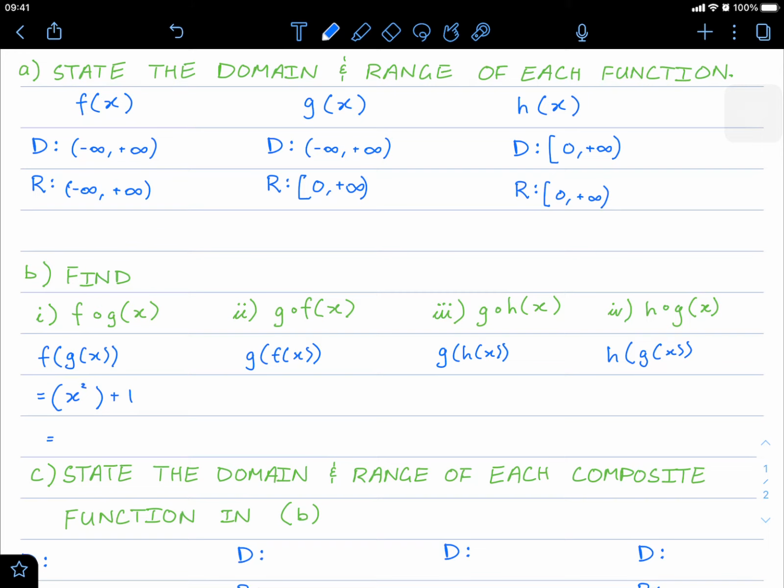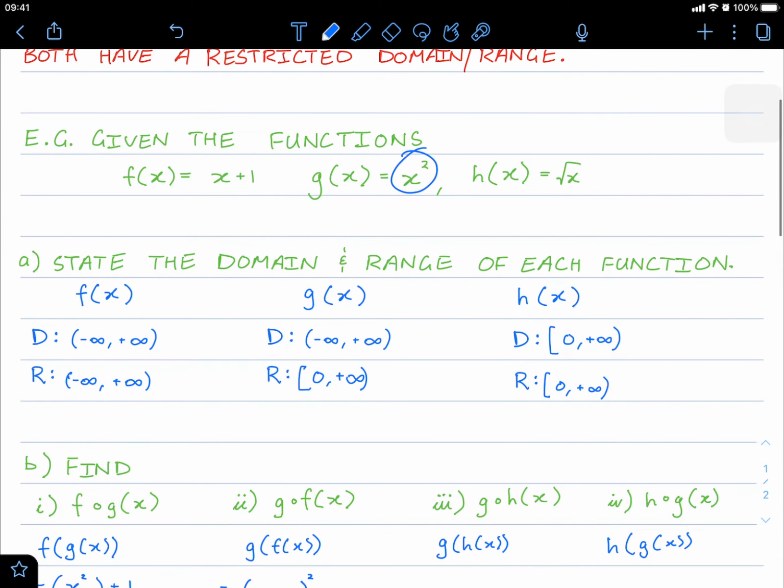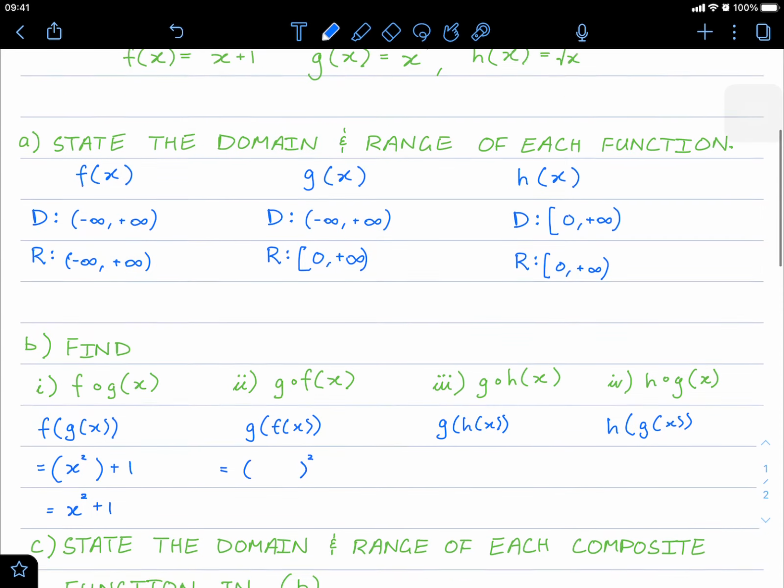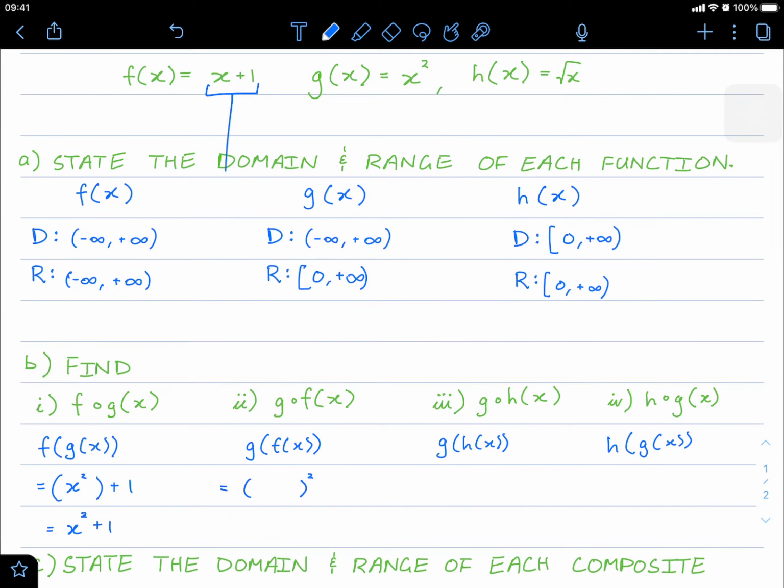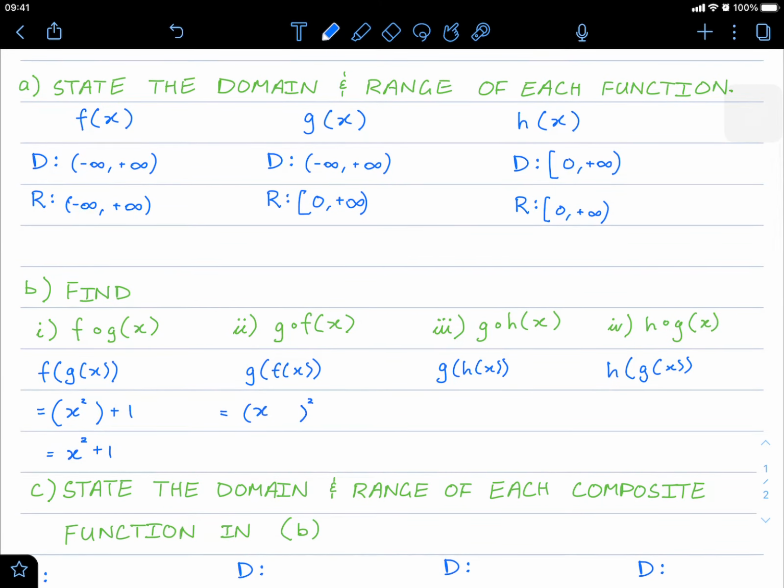So our net function, or the resulting function, is x squared plus 1. If we were to switch this around, g is x squared, so there's x squared. And inside of that, we're going to substitute f in there. So it's going to become x plus 1.